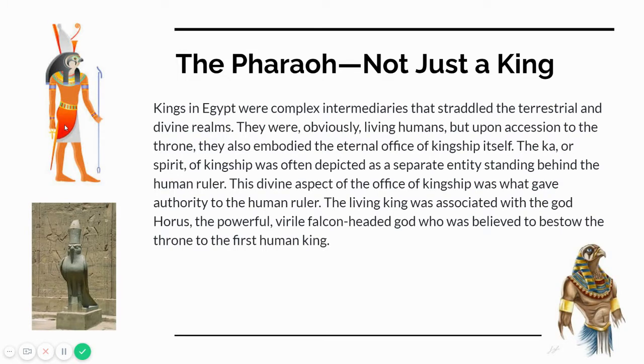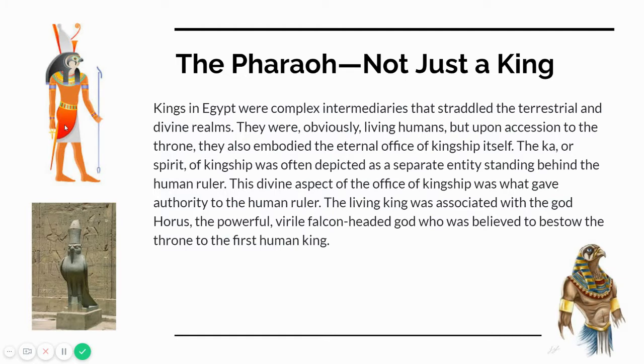The Ka, or the spirit of the king, was often depicted as a separate entity standing behind the human ruler. So you would see images of the actual human ruler, but then you would also see representations of that human ruler in their divine entity.